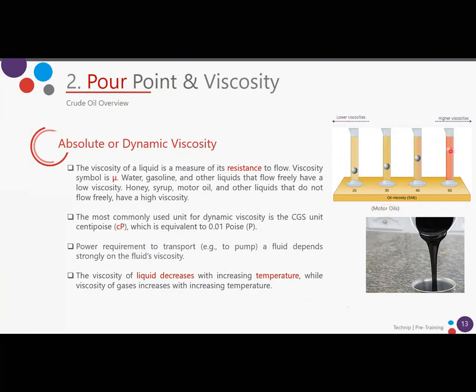If you drop a metallic ball, you see how far the ball gets into the tube depending on the viscosity. Among petroleum products, viscosity constitutes a critically important characteristic, mainly in lubricating engine oils.